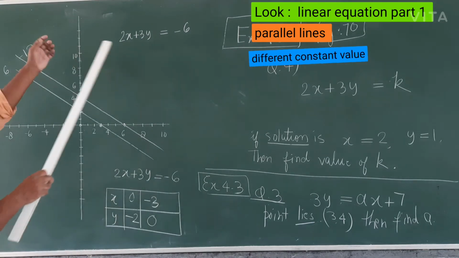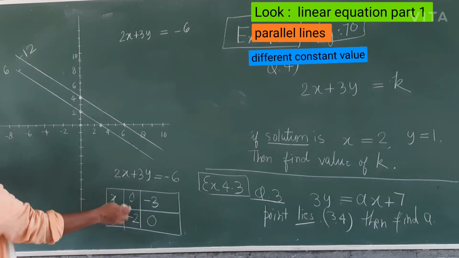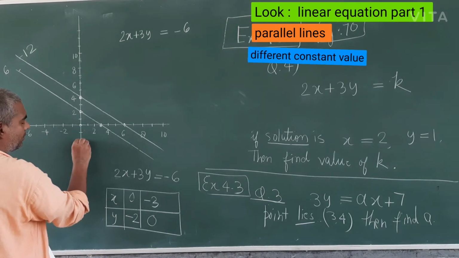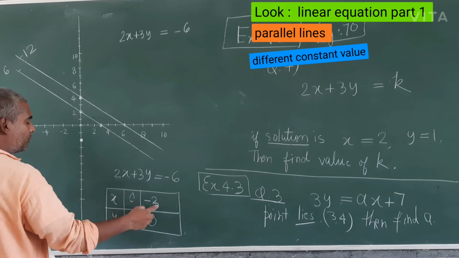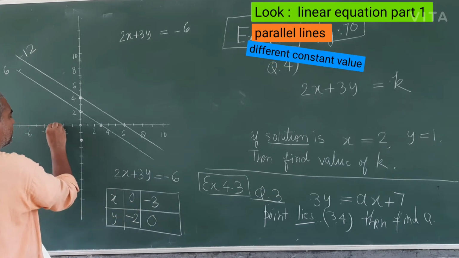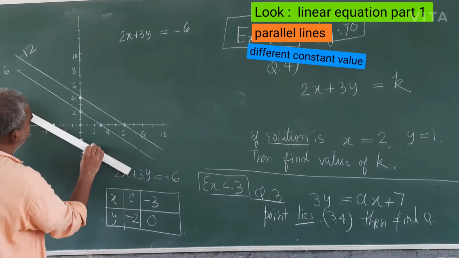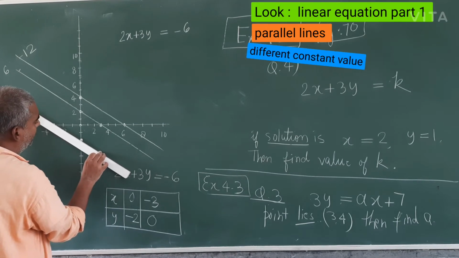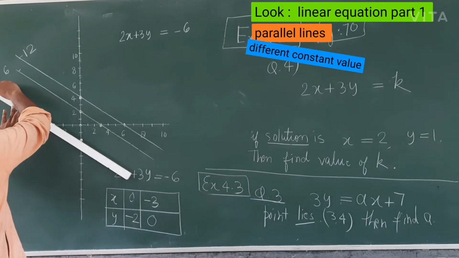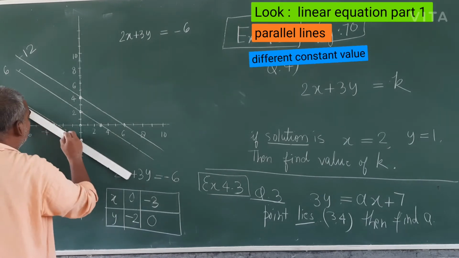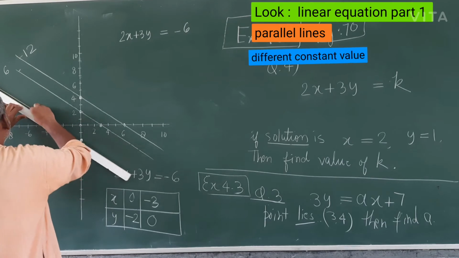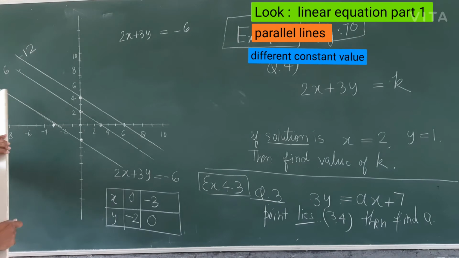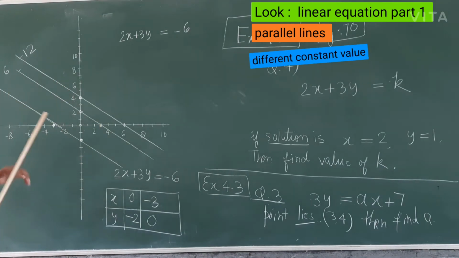With the help of these 2 points you can draw this line: 0 comma minus 2, and minus 3 comma 0. You will see all these 3 lines are parallel.